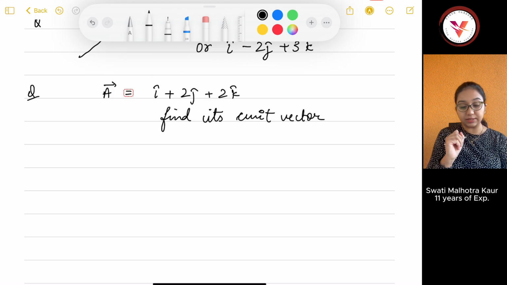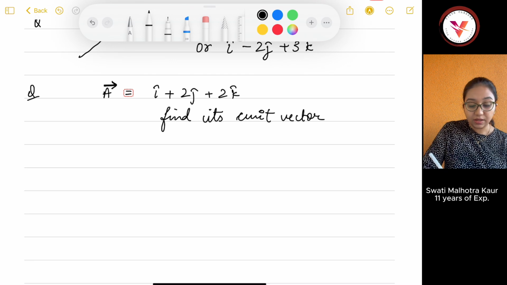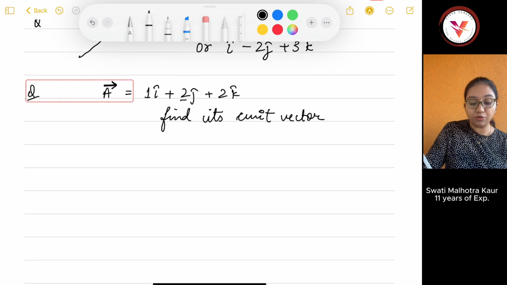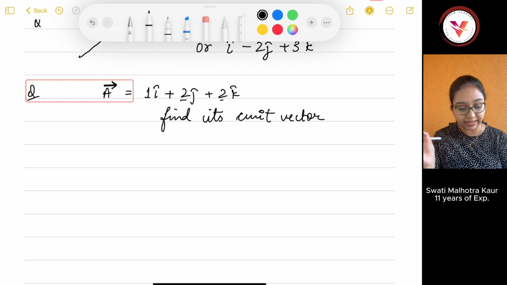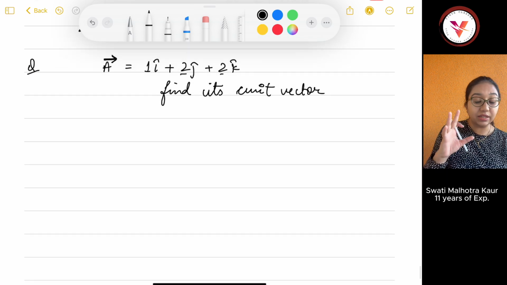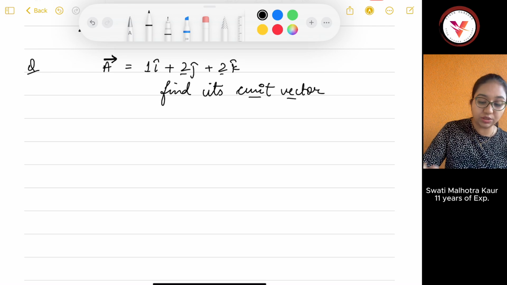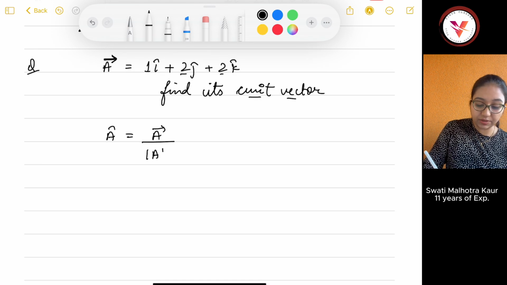Now, what does it mean? It means that this A vector has a magnitude of 1, 2, and 2 along the x, y, and z direction. And that means it has some net effect. Net effect means it has some magnitude. Its magnitude is not 1. So if you want to calculate its unit vector, we have to divide this vector by its magnitude.